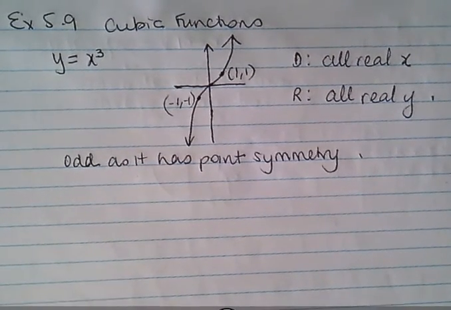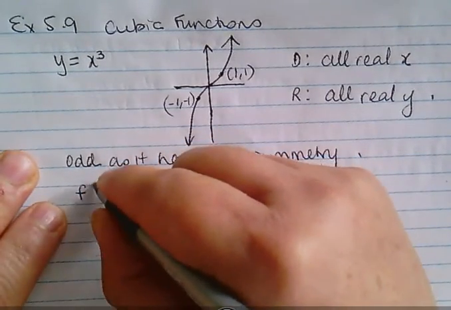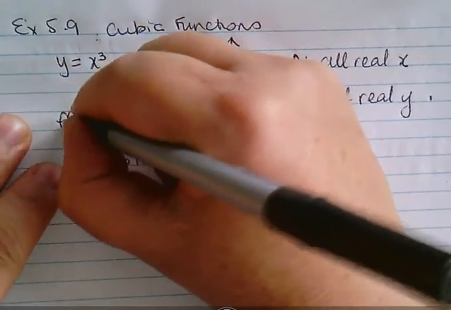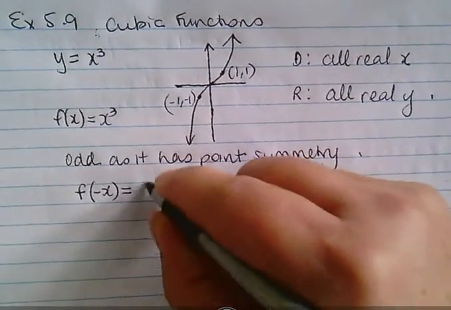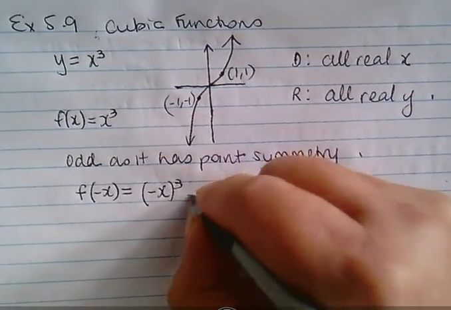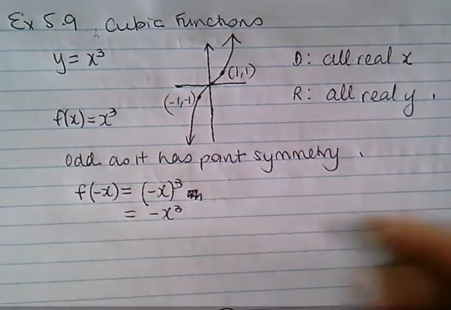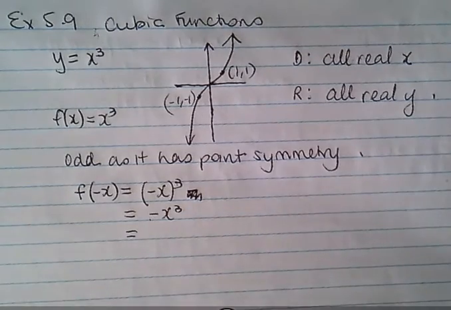It is odd as it has point symmetry. We can see that, but what's the rule for odd? f of negative x, so that's your function of x. So your function of x is x cubed. What's your function of negative x? Negative x all cubed, which is negative x cubed. Doesn't that equal negative whatever the function of x is?